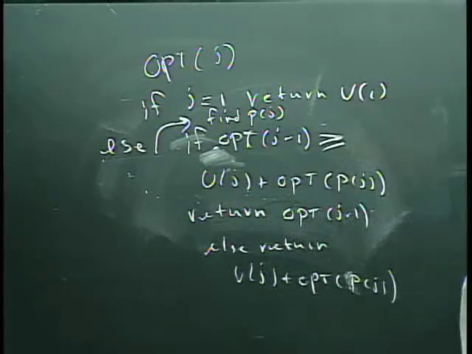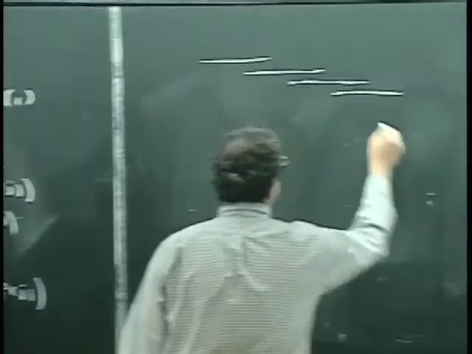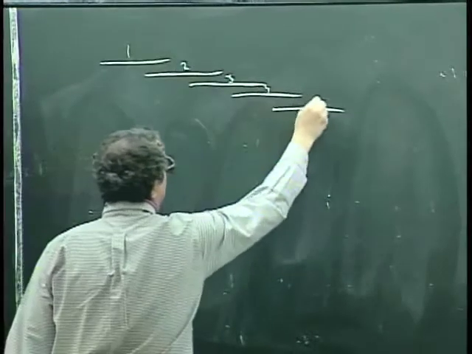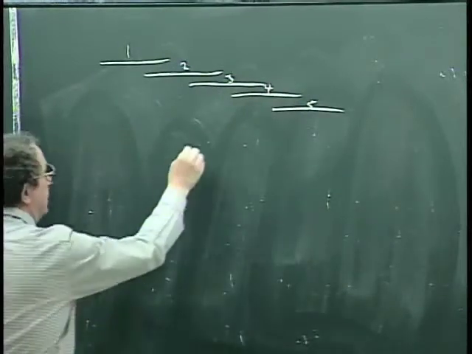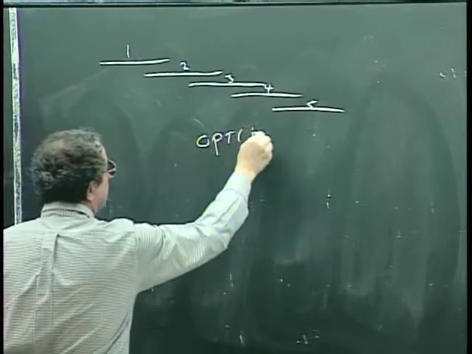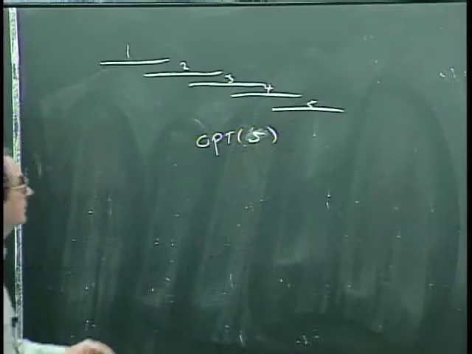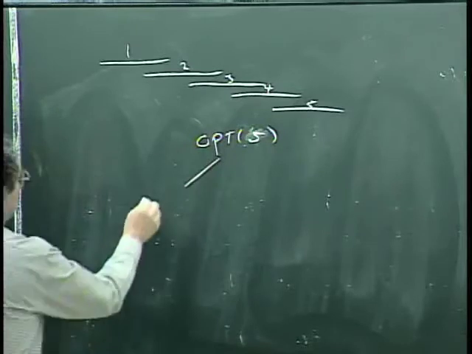But is it efficient? Is this what we would be happy with? So let's think about a little example here. So this is interval 1, 2, 3, 4, 5. Initially we'd be calling opt of 5, and it will call opt of 4.